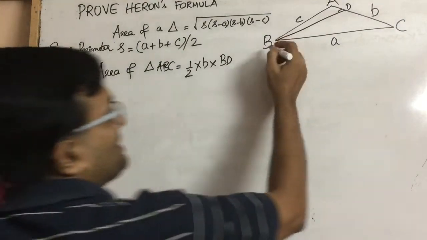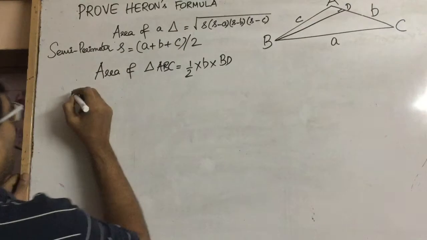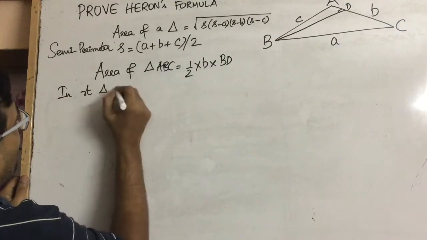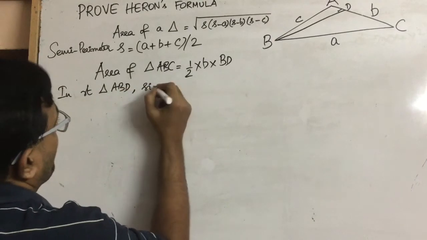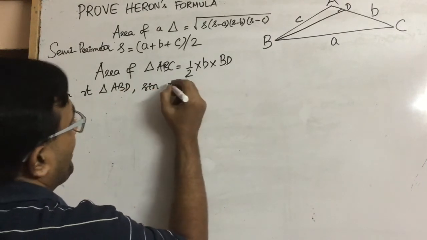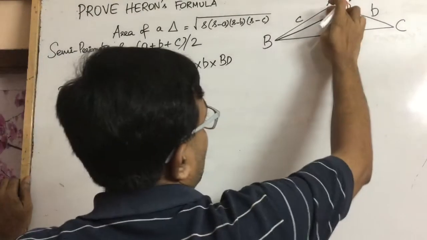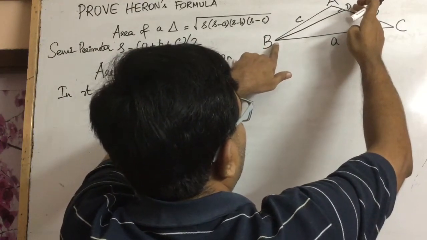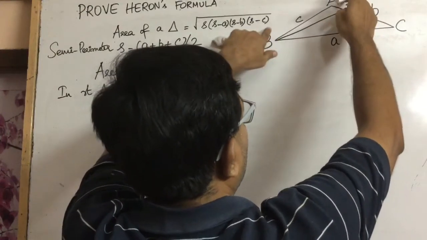Now let's look at this right angle triangle ABD. In right triangle ABD, sine A, right? Sine of this angle is going to be the ratio of the length of the side opposite to that angle, which is BD, to the hypotenuse.